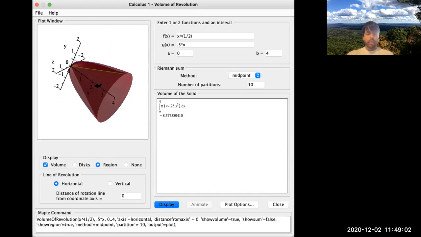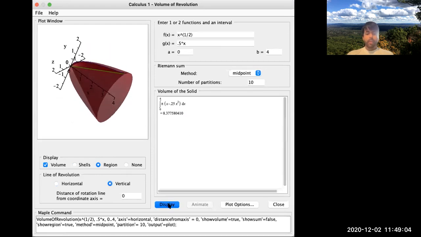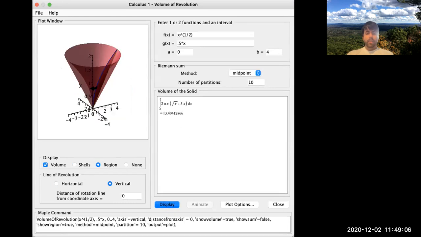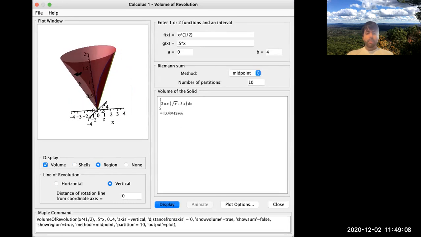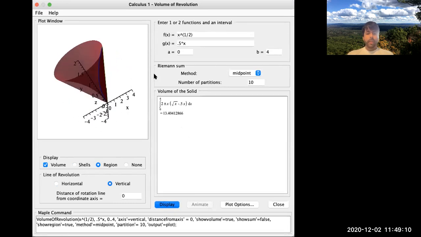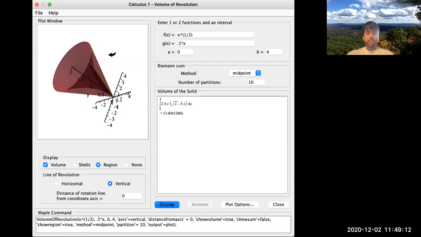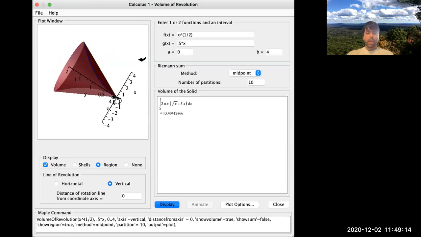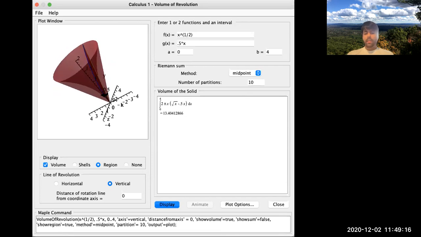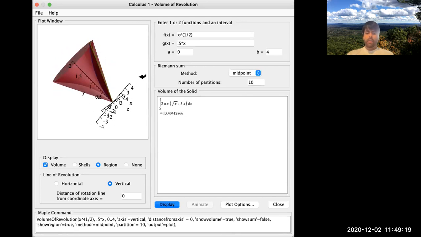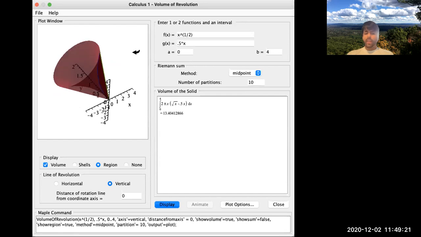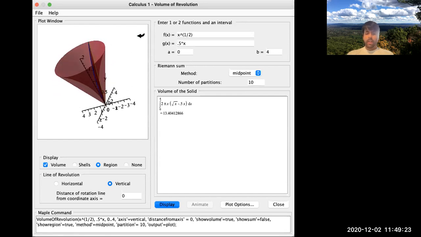And my volume was 8.377. And if I revolve it around the y-axis, this is the new solid that I get. And we got 13.404. So do you guys see the difference now between using the washer method when you revolve around the x-axis as compared to using it when you revolve it around the y-axis? Does that make more sense now?